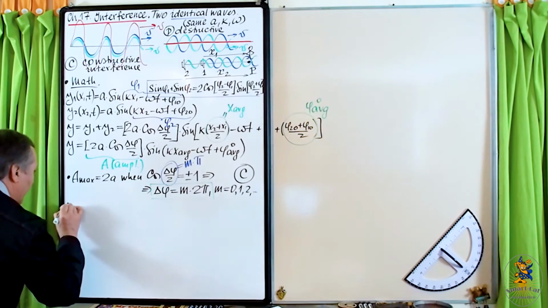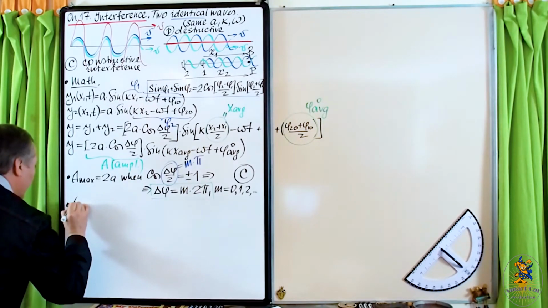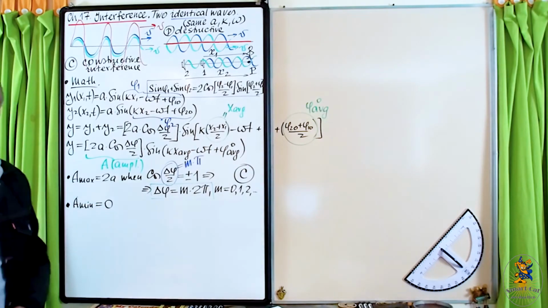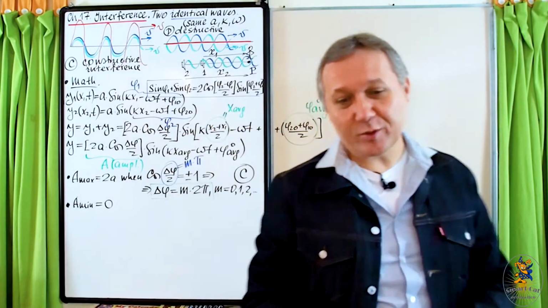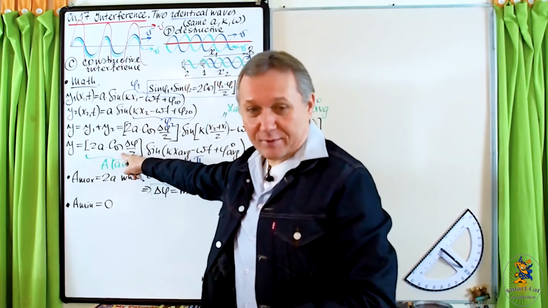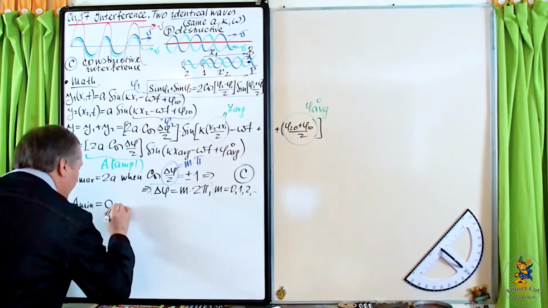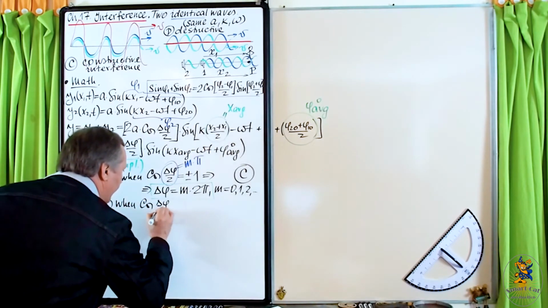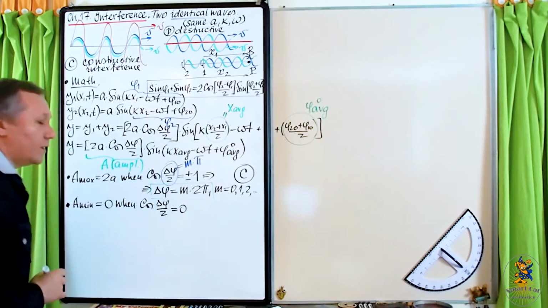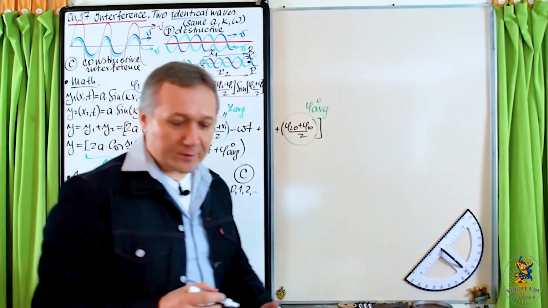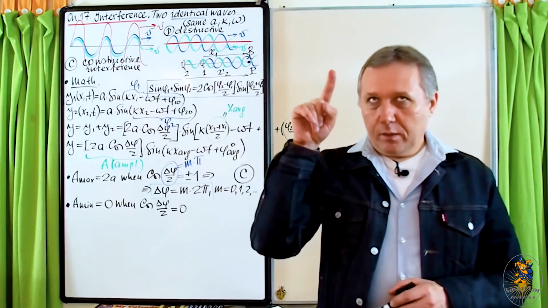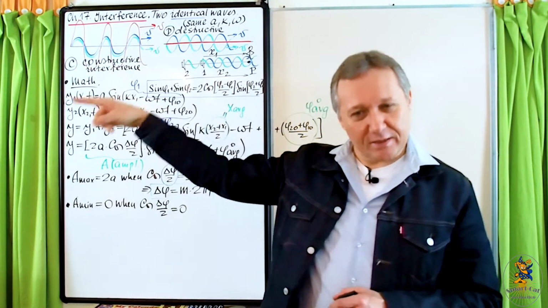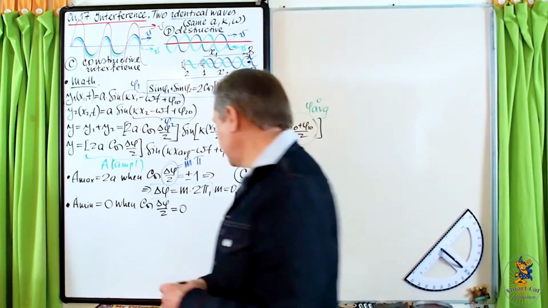So over there, we have minimum amplitude. So A minimum, of course, is 0. It happens when this cosine equals 0. So when cosine of delta phi over 2 equals 0. So when is cosine 0? Pi over 2, 3 pi over 2, 5 pi over 2, 7 pi over 2, right?